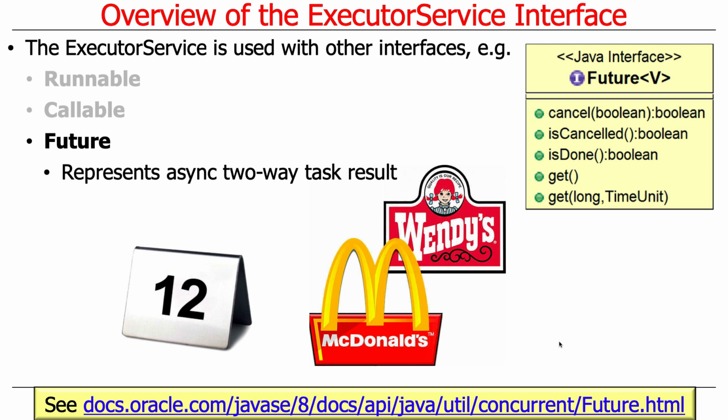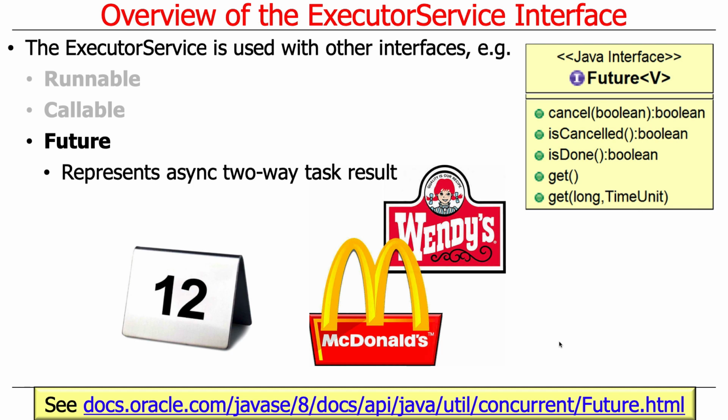Well, we already know a two-way task returns a result, and we know that if a task is asynchronous, it'll run decoupled from the calling thread. If something runs in the background, decoupled from the calling thread, and you need to get a result back, then you need some way to represent that result while the threads doing the computation are busy running concurrently in the background. That thing is called a future.